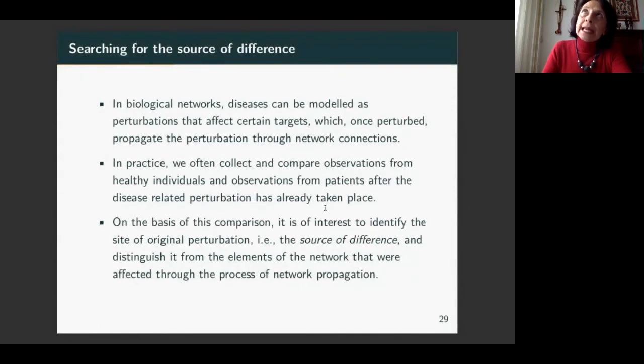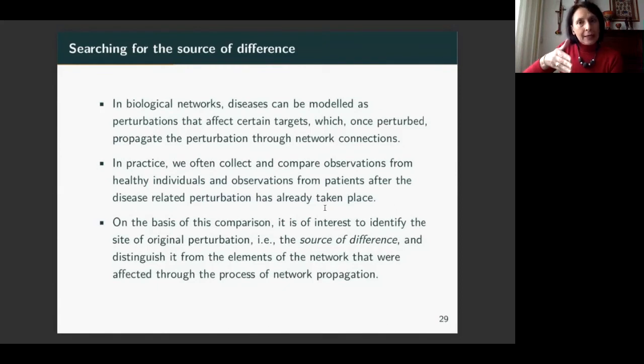What we really would like to do is to get as close as possible to the variables which were initially shocked. So to rephrase in statistical jargon, what we really would like to do is to get as close as possible to those variables whose differences in the marginal distributions cannot be explained by other variables in the network.